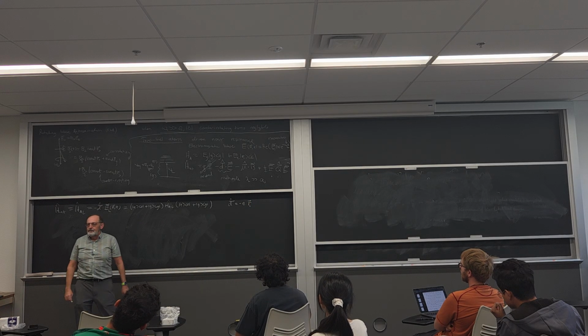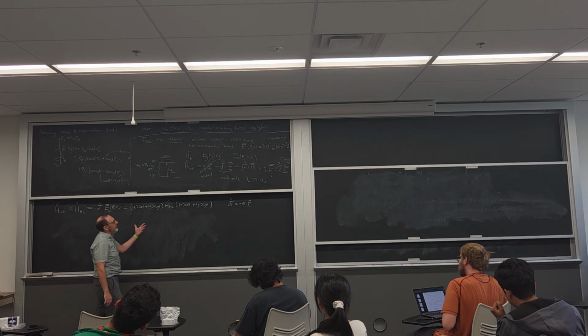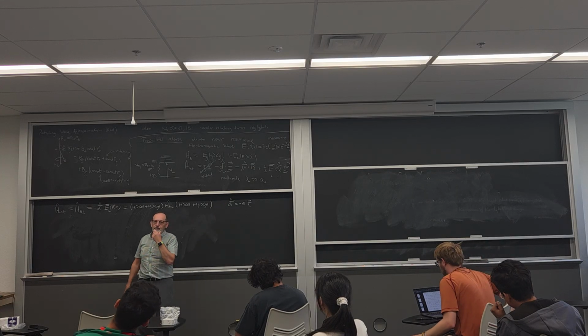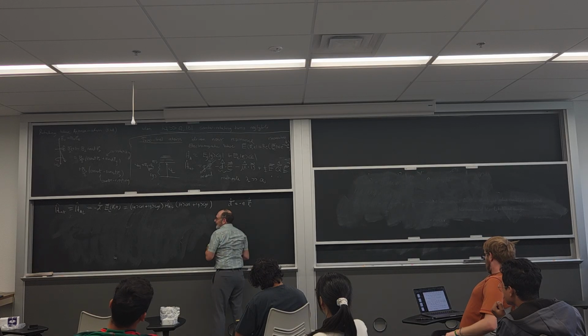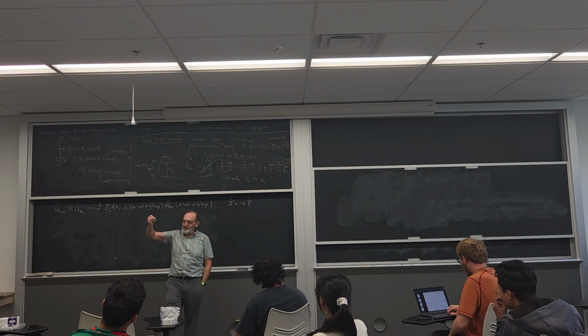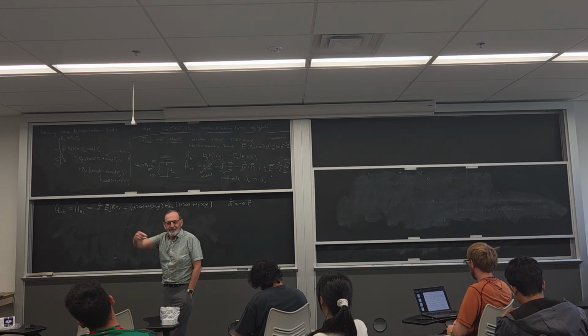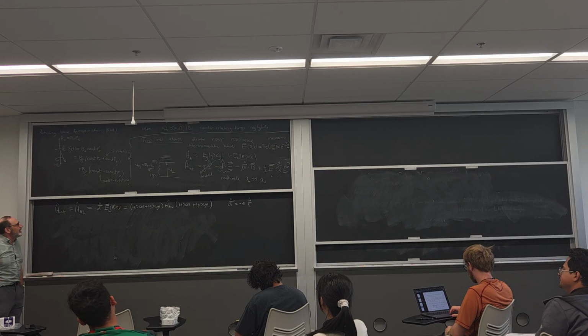So we need to look at the matrix elements of this dipole operator. Yes? So would R get a half then? It does. It's the position of the electron. When we write down the wave function of a hydrogen atom, that's what we're looking at, the orbital, the position of the electron.